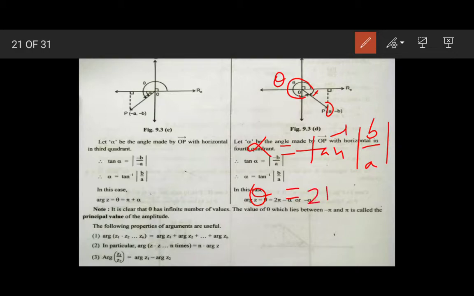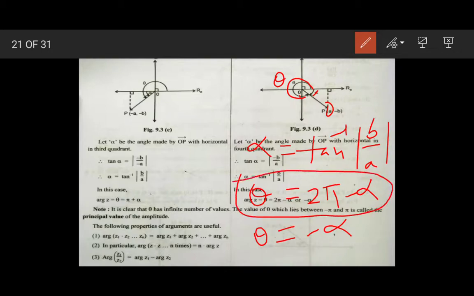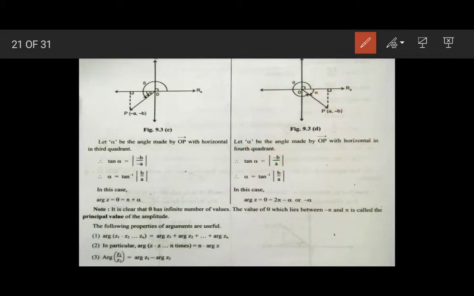So theta will be 2 pi minus alpha, or we can also say that theta is equal to minus alpha. So either we can use 360 minus alpha, or we can use theta as minus alpha. Argument means theta, not alpha, but to find the argument, first we have to find the alpha value.